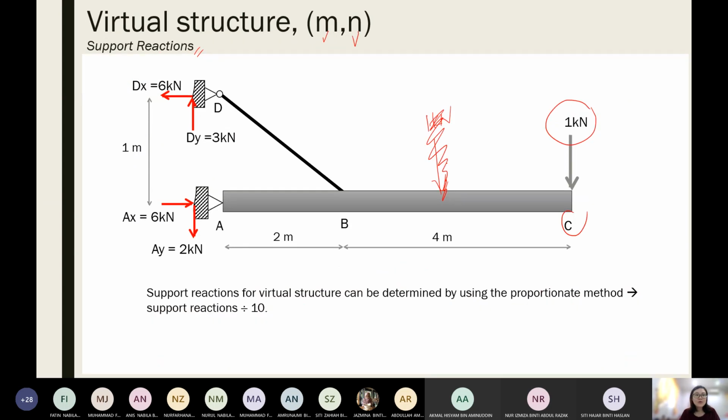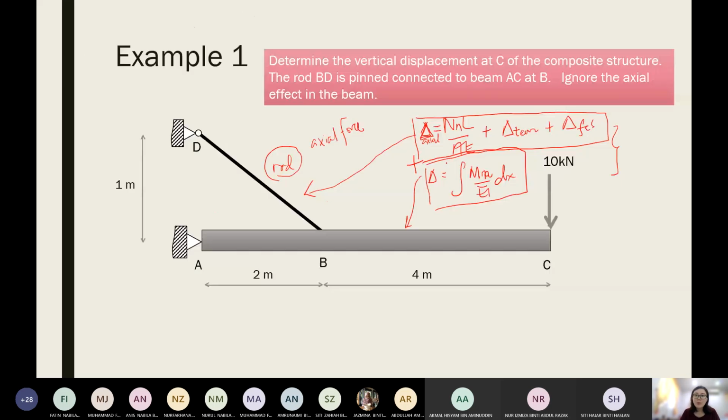Okay, so once you have determined the support reactions, what's next? We go back to what our problem actually is. We need to determine the vertical displacement, and we need to use this equation. So we need to gather the axial force and the bending moment.